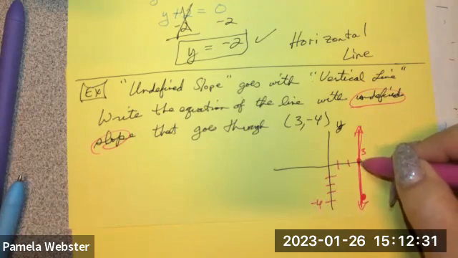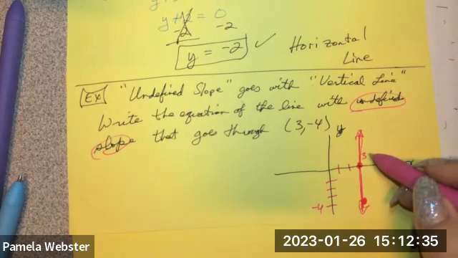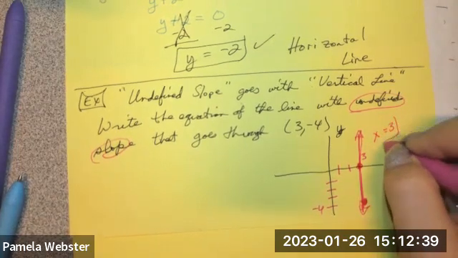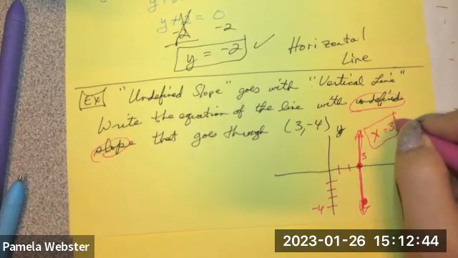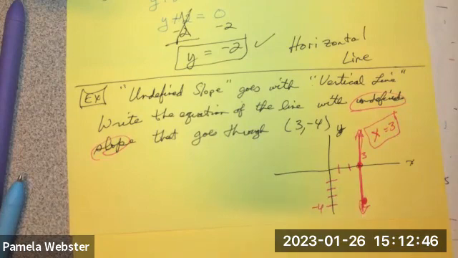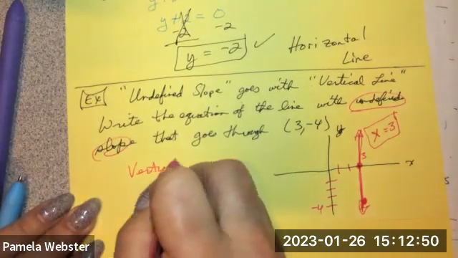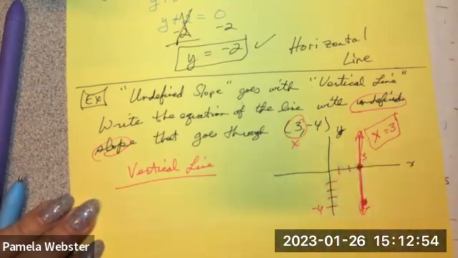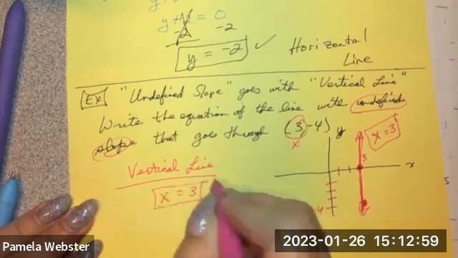It doesn't matter if I'm right here or if I'm down here or if I'm way up there. It just doesn't matter. My x value is always what? X equals 3. Okay. So these are the ones I kind of like, because if you recognize undefined slope means it's a vertical line, then you can literally just look at your point, find your x value, and say, hey, x equals 3, always.